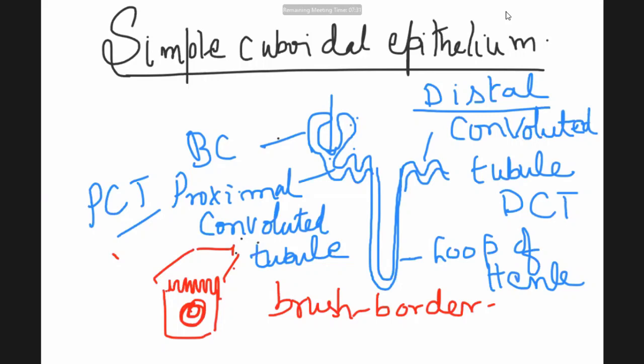Here filtration is the finest filtration because it is simple squamous epithelium. Whatever small molecules are there get filtered, and they have to be taken back. So this cuboidal epithelium, the surface facing this cavity, has a brush border.